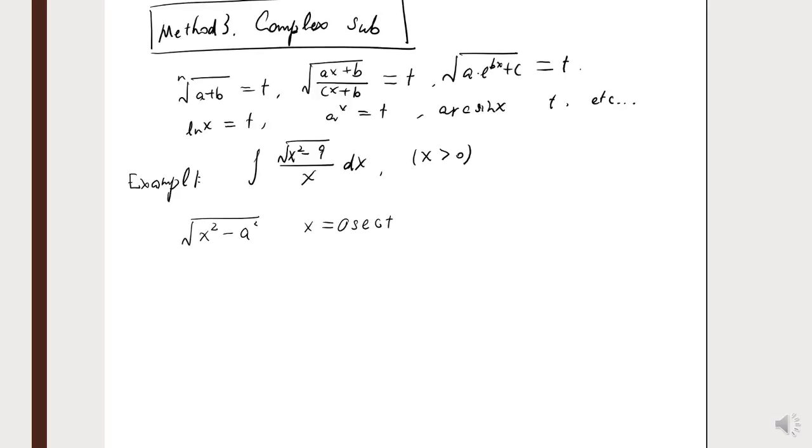If we change the x minus 9 to x squared minus 3 squared, our a will be 3. So this time we will let x equal 3 sec t, and the t's range is of course from 0 to pi over 2.